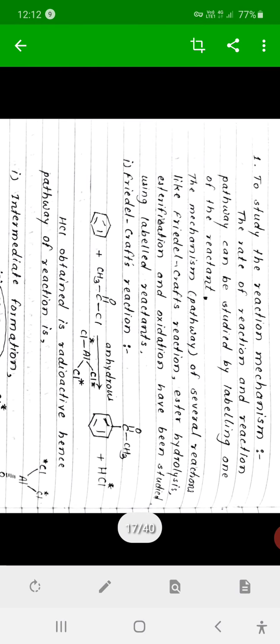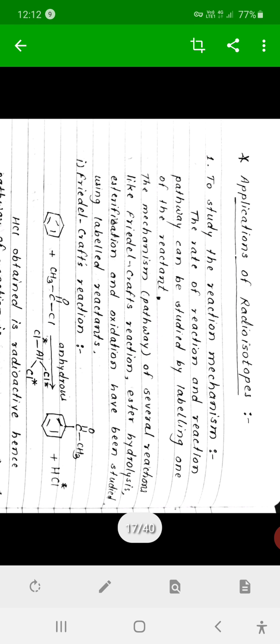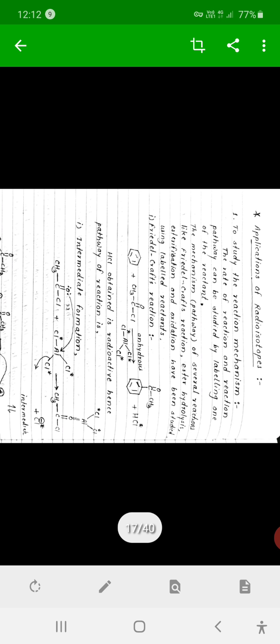Now we discussed what radioisotopes or tracers are, and the use of radioisotopes as tracers. In the next lecture we will discuss the next point, that is the uses of radioisotopes. Remember. Thank you.